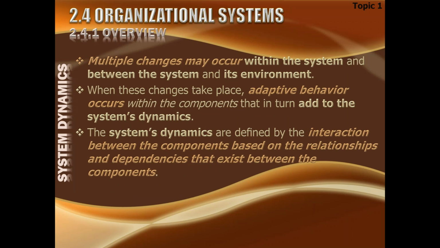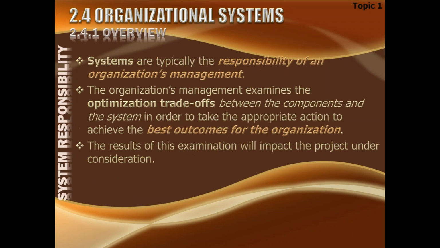Multiple changes can occur within the system and between the system and its environment. When these changes take place, adaptive behavior occurs within the components that in turn add to the system's dynamics. System dynamics are defined by the interaction between the components based on the relationships and dependencies that exist between the components.